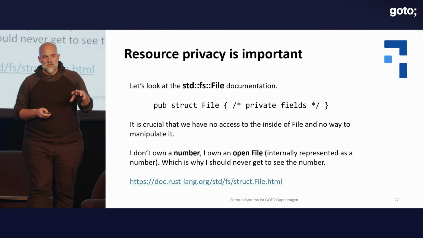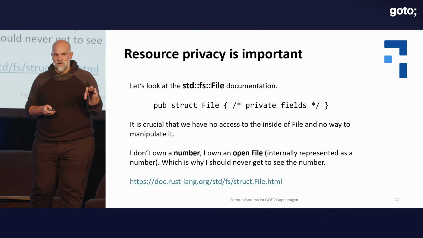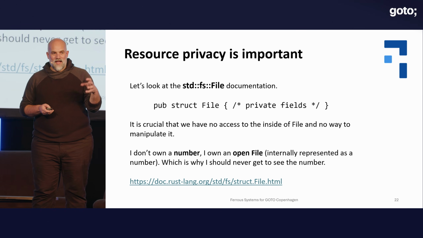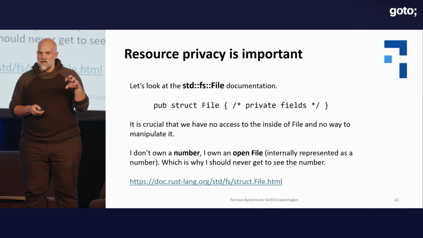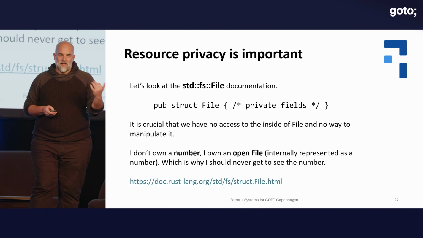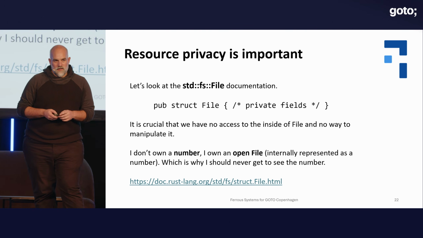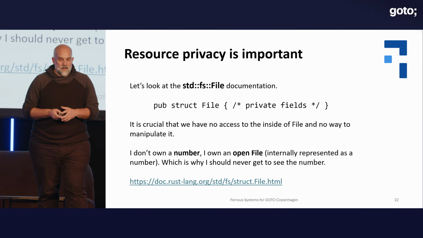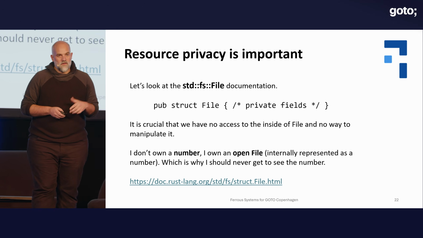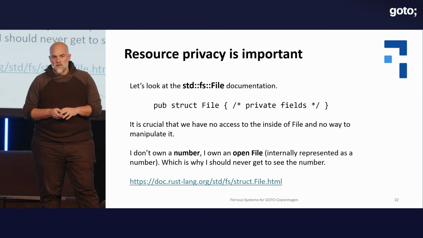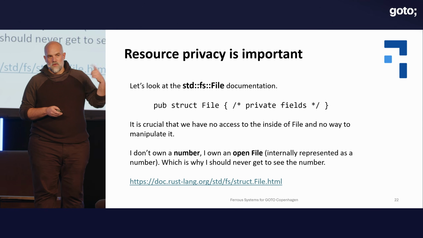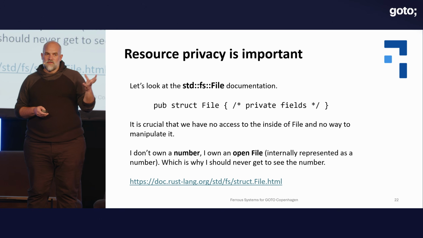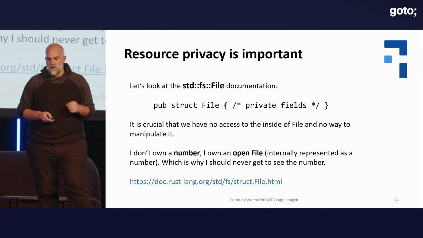Because what I'm doing, if I'm owning that file, is I'm not owning a number. I am owning a resource that got acquired from the kernel that I need to properly handle and later close. So another interesting repercussion of that is that Rust's file has no close method. The way to close it is actually to throw it away. So I'm hooking into that simplistic lifecycle management, which I really want to reuse later.